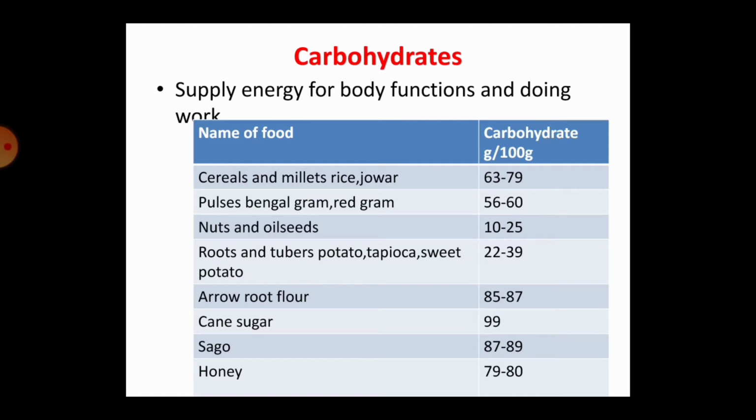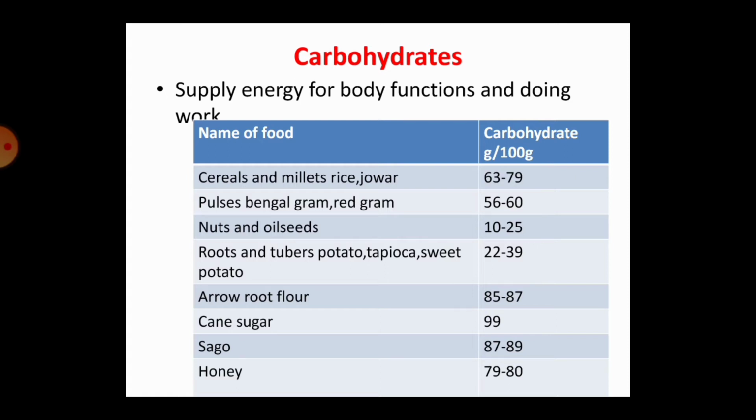Carbohydrates are essential macronutrients and they supply energy for body functions and doing work. So, these are some of the foods which are rich in carbohydrates: cereals and millets, rice, jowar, pulses, bengal gram, red gram, nuts, oil seeds, roots and tubers, potato, tapioca, sweet potato, arrowroot flour, cane sugar, sago, honey.